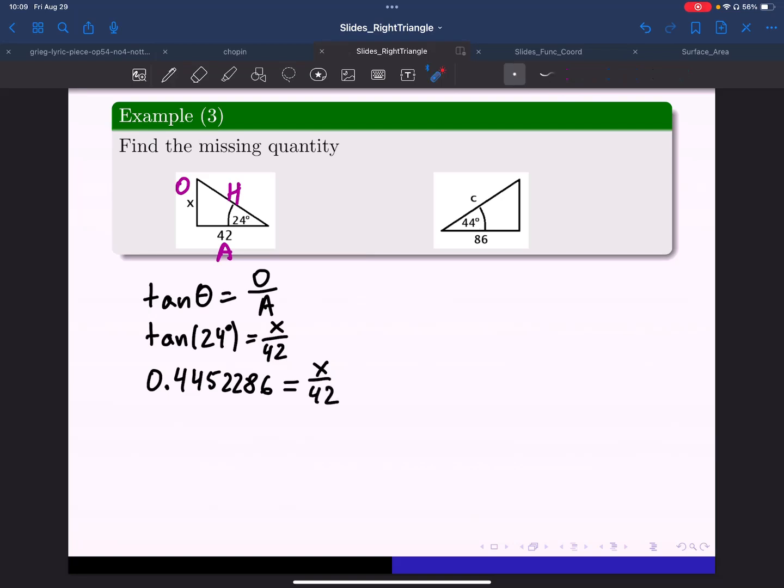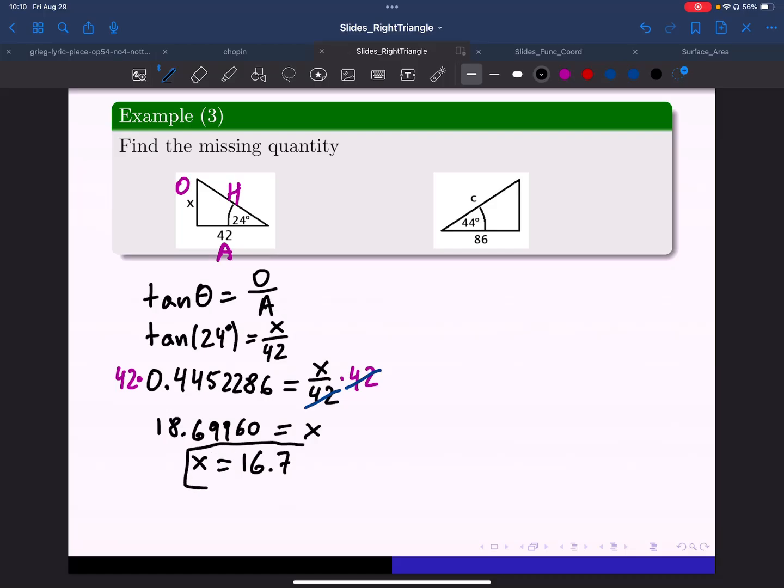To solve for x, we need to get rid of this 42, so we multiply by 42. The 42 cancels, and we are left with x equal to 18.69960. Rounded, x is approximately 18.7, to one decimal place.